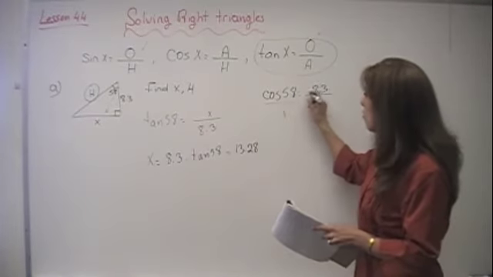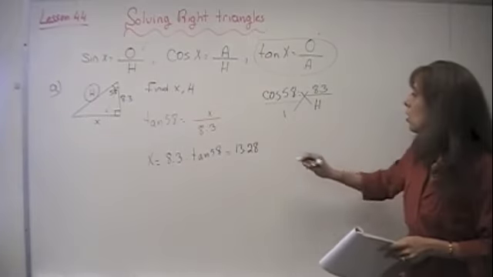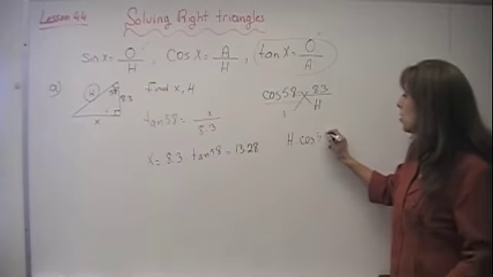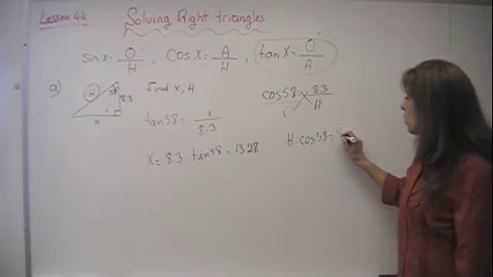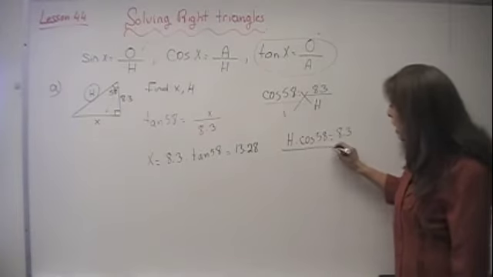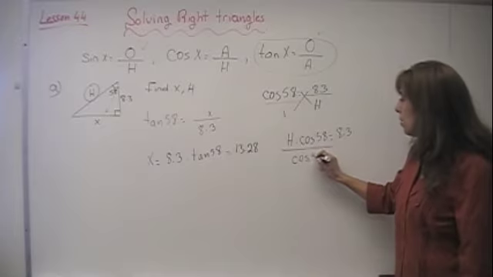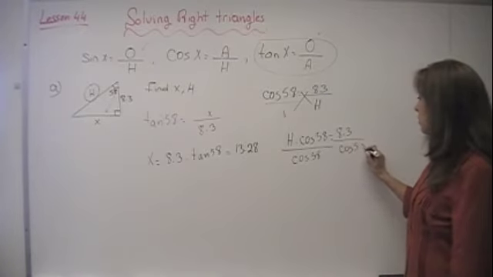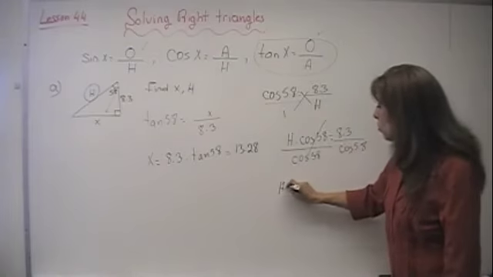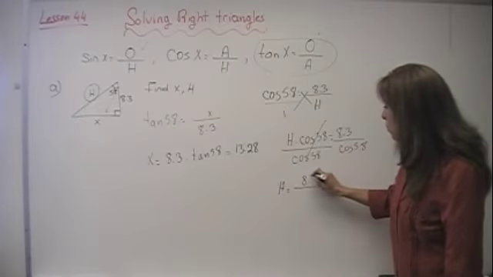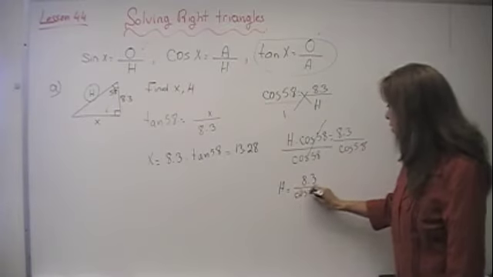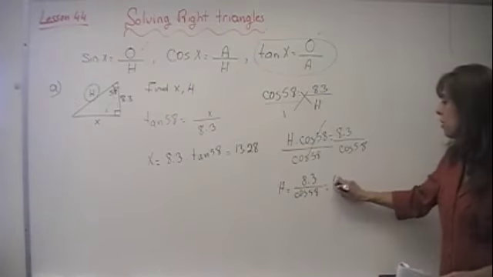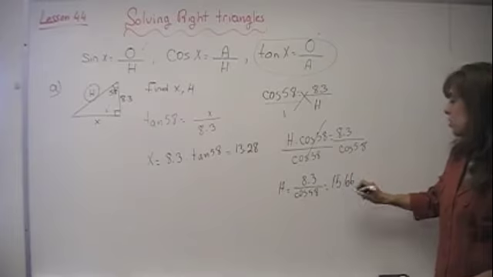If I cross multiply, h times cosine 58 equals 8.3. Divide both sides by cosine 58, you cancel, and h will be 8.3 over cosine 58. Plug it into your calculator and your answer will be 15.66.